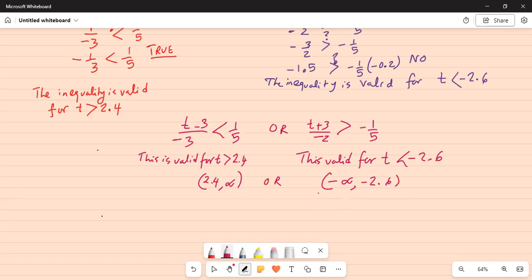Okay, so the answer in interval notation will be, first you write the one on the negative side, minus infinity to minus 2.6, open bracket on both sides, or is written with a union. This is union. And on the positive side, it is 2.4 to infinity. Okay. So they want it in interval notation. So this is the interval notation.